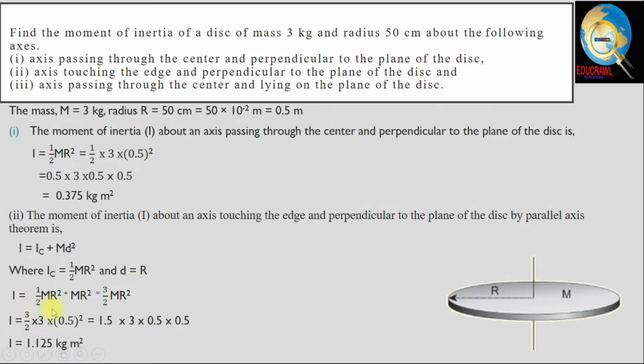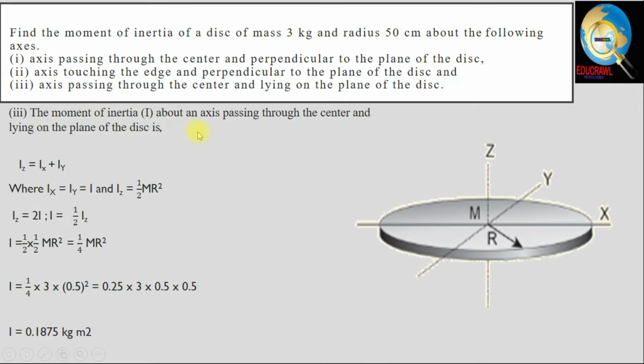Hence, I is equal to half m r squared plus m r squared, which is equal to half plus 1, which is equal to 3 by 2 m r squared. So 3 by 2 into m value is 3, r value is 0.5, the whole squared. Multiplying and simplifying, we have I is equal to 1.125 kilogram meter squared.